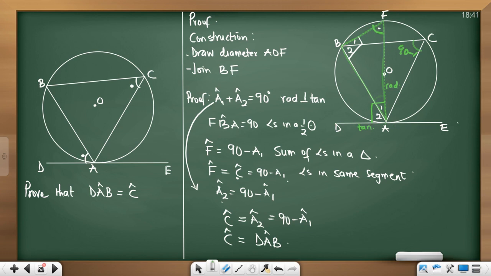So this is 90 minus A1. And A2 is also 90 minus A1. So they are equal. The angle between a tangent and a chord is equal to the angle subtended by the chord in the alternate segment. All right, that is done.